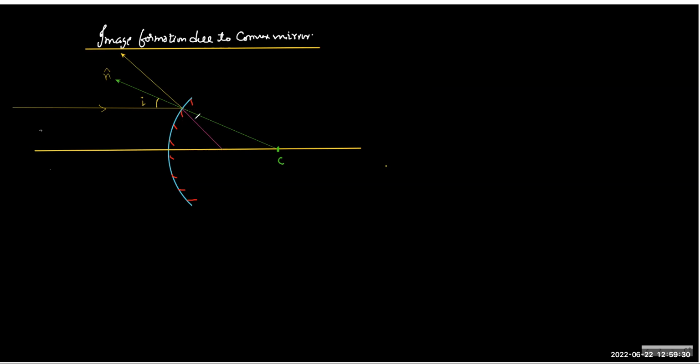Which makes sure that the image is bound to be what? Virtual. Correct. You can take one more light ray, but if I take one light ray along the principal axis, it will just reflect back and the ends will meet like this. So we can say this is a virtual image of the real object.